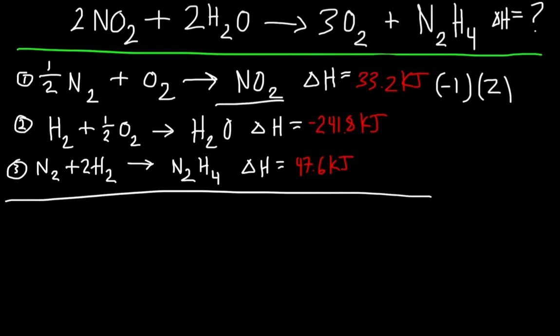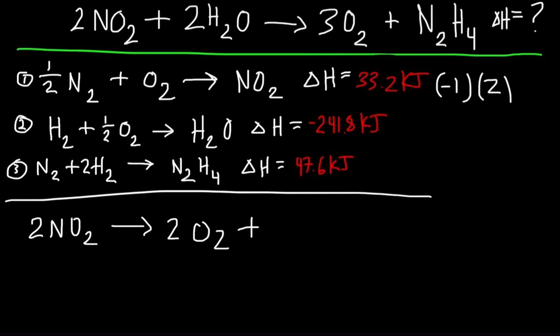So NO2 times 2 is just 2NO2. And then this will form. And then O2 times 2 is just 2O2, and then plus a half of nitrogen times 2. So a half times 2 is just 1, so this is just N2. This is our first equation here.